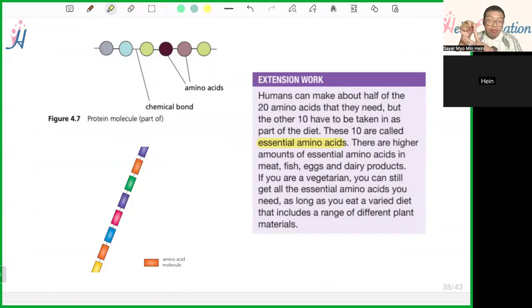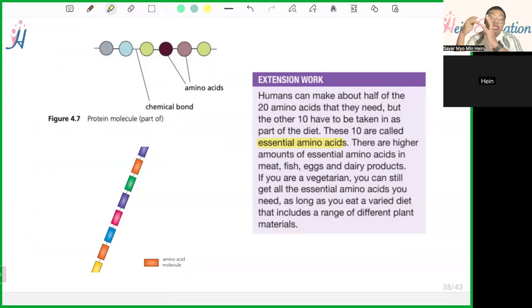The structural proteins are collagens and keratins in our skin and nails. The functional proteins, as the name suggests, have a function in our body, especially antibodies, enzymes, hemoglobins, and all those. Those are the functional proteins in our body.